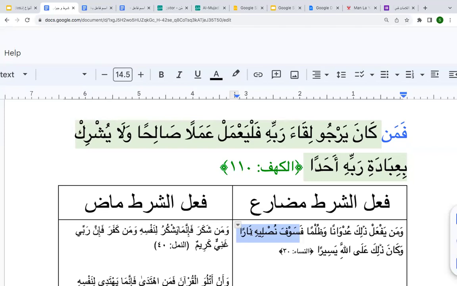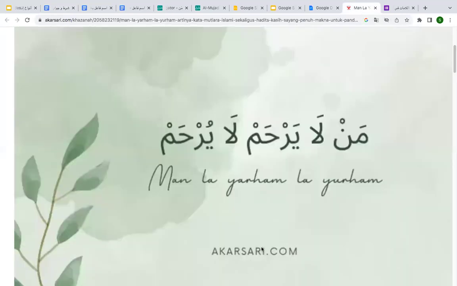Okay, so now again, if it is not clear, remember, when you see this, man la yarham la yurham. What is the status of these two af'al that are right on your screen?